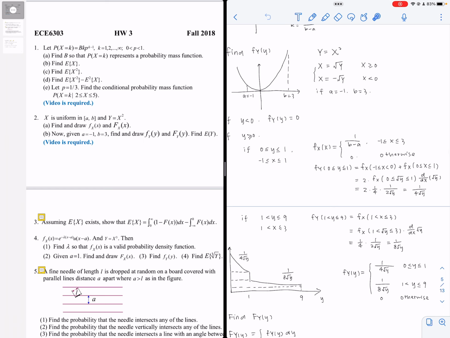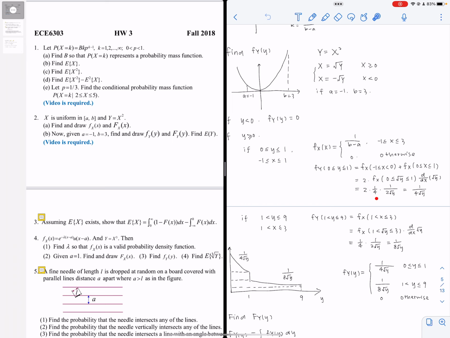And so we have 2, because 2 parts times 1/4. This is 1 over b minus a, and that is 1/4. This is a constant number because we're given b and a, and the distribution of x is uniform.